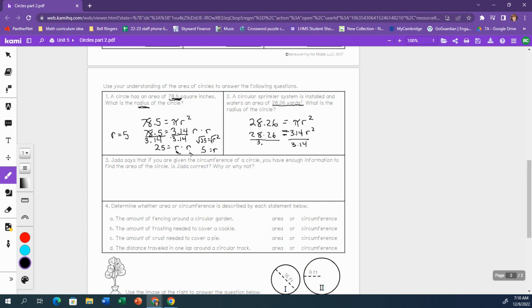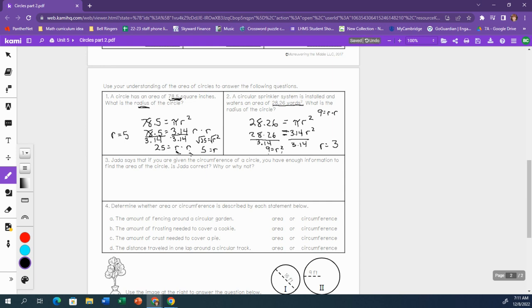Divide by 3.14. Okay, and then we get 9. If you divide that, that would be 9. So 9 equals r squared. So what number times itself equals 9? Think of it this way again. 9 equals something times something, same number. Well, that would be 3. So the radius equals 3.